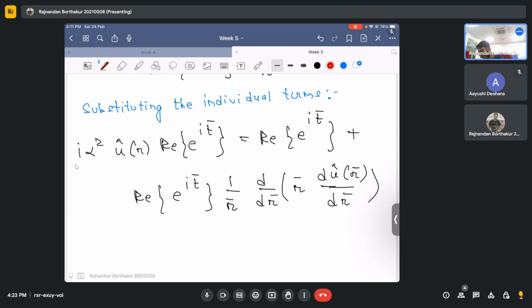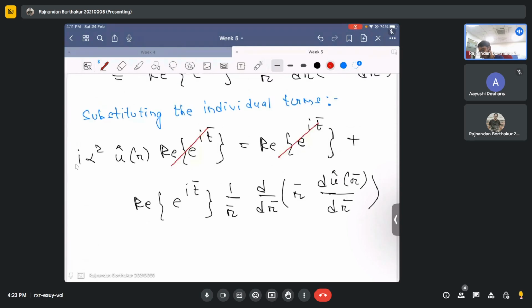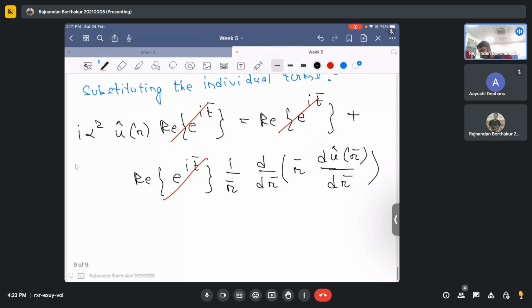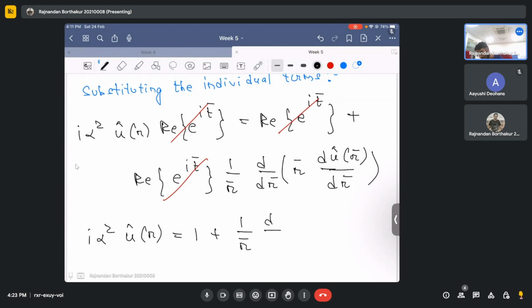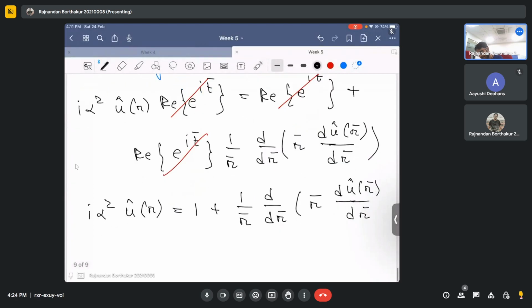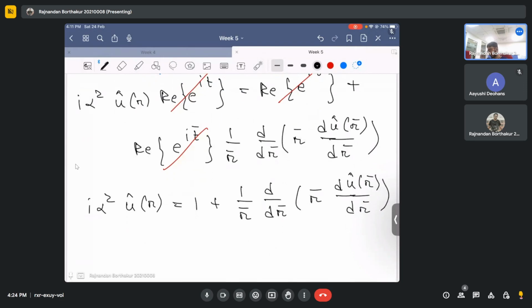So we assume it is non-zero, and then we can cancel this term, and we end up getting I alpha squared u hat of r is equal to 1 plus 1 by r bar d dr bar of r bar times d of u hat of r bar by d r bar.